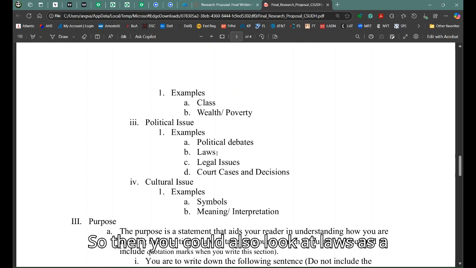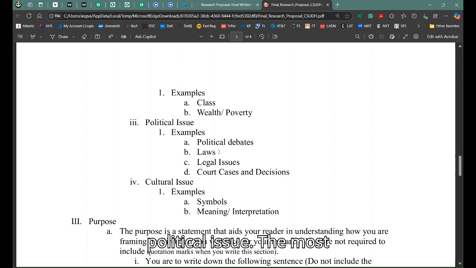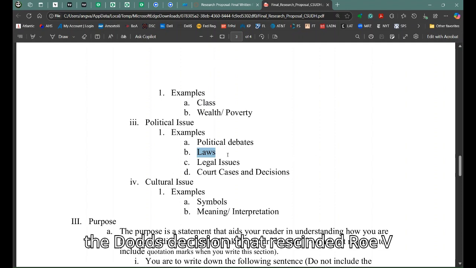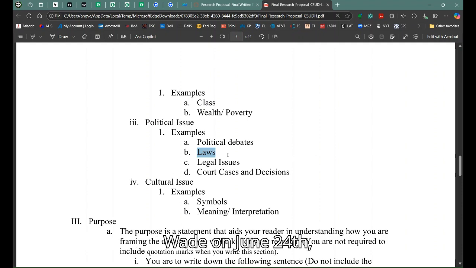Then you could also look at laws as a political issue. The most recent one I could think of is the Dobbs decision that rescinded Roe v. Wade on June 24th, 2022.